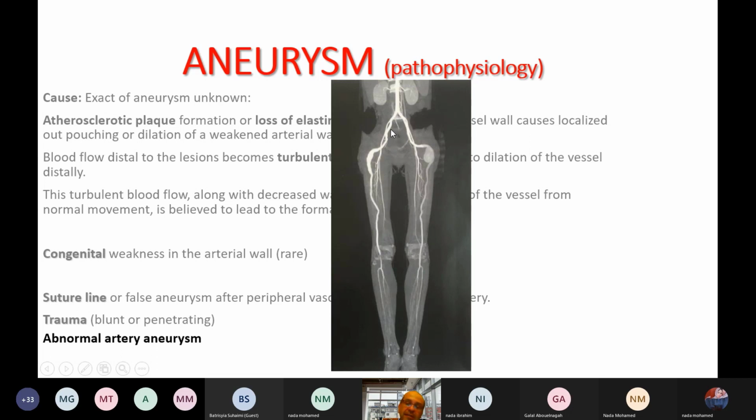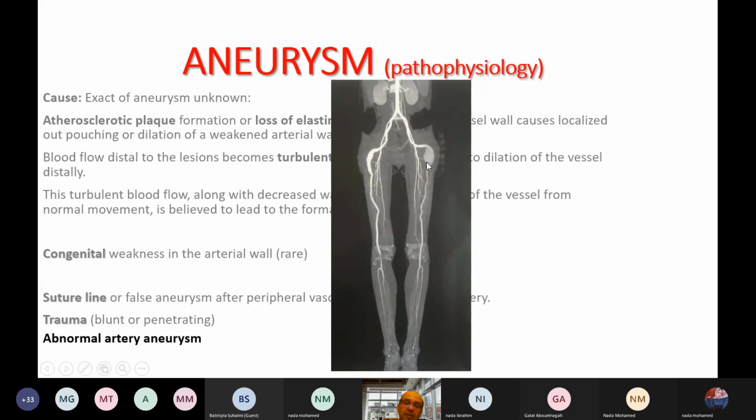In some cases, the sciatic artery will persist. It is an abnormal artery. When it persists, the superficial femoral artery will not develop, and the patient will depend on the sciatic artery to supply his lower limb.